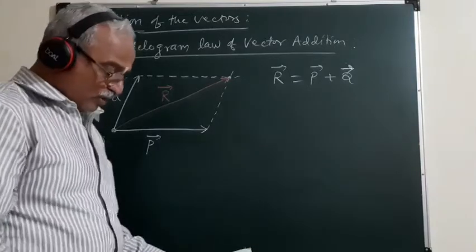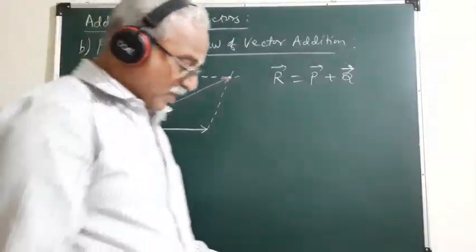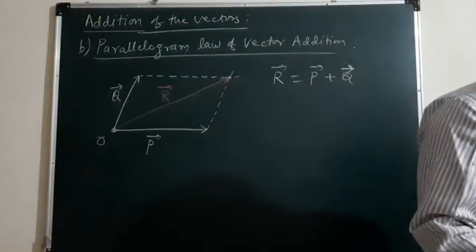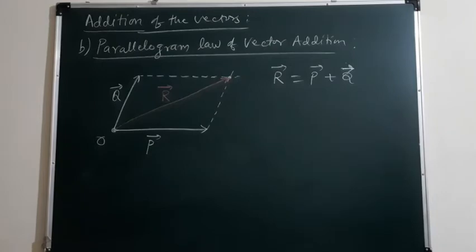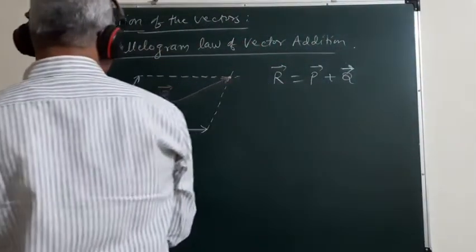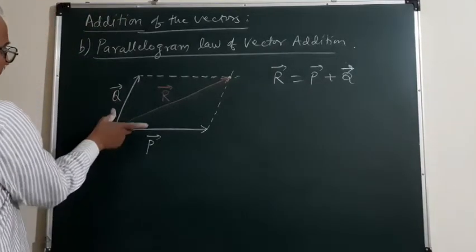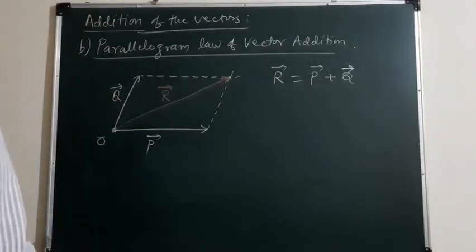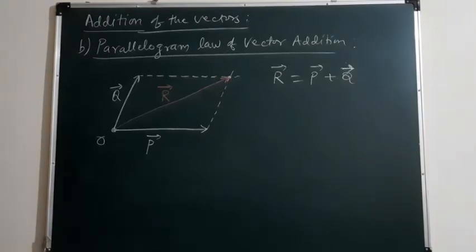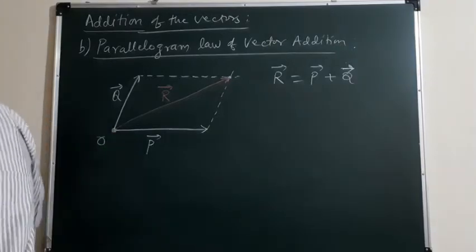This parallelogram law can be stated as: if two vectors acting at a point are represented in magnitude and direction by the two adjacent sides of a parallelogram, these two vectors represent the adjacent sides of this parallelogram, then the resultant is represented in magnitude and direction by the diagonal of the parallelogram starting from the common point.